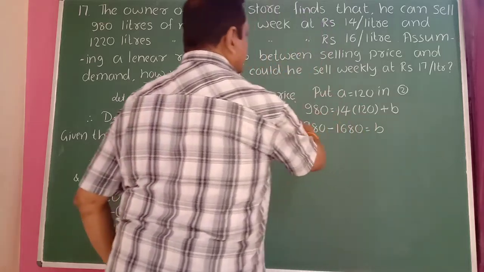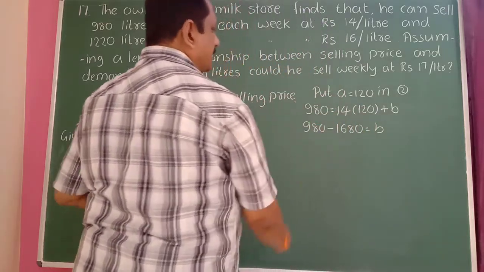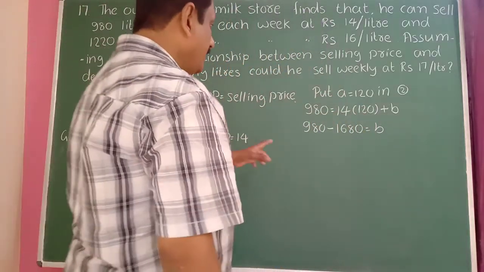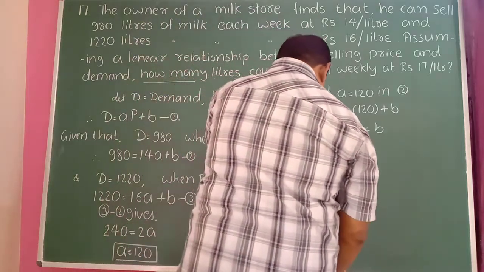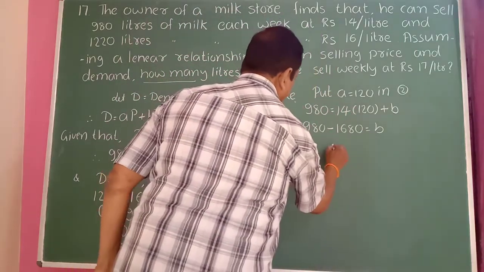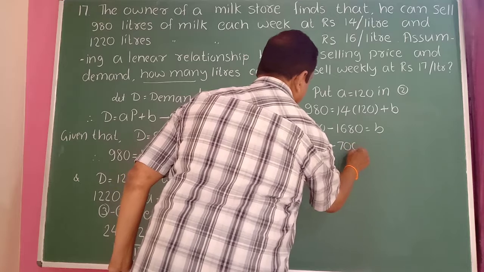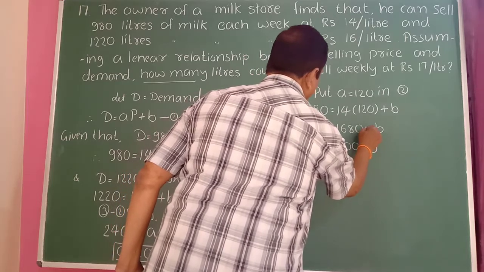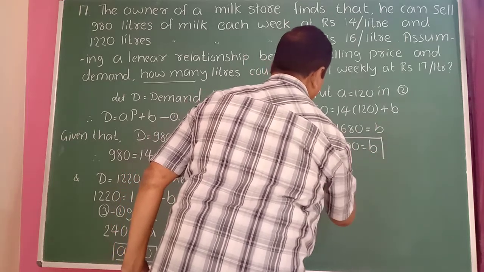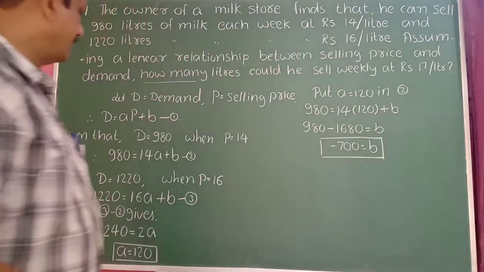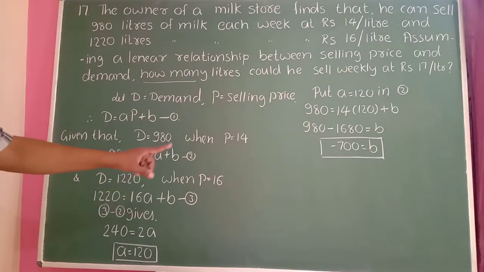Multiply it and take the left side here. Therefore 980 minus 1680 gives minus 700. So this is the value of B. B is equal to minus 700 here. So you put A and B values in equation 1.